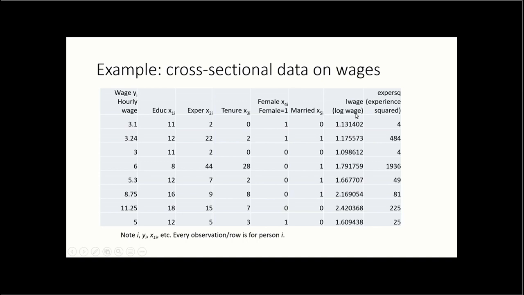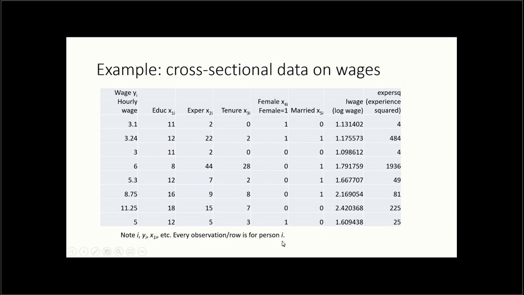We're taking the logarithm of wage. We will also talk about logs later on in the semester, or we can have a variable squared, such as experience squared. So we are basically taking this variable here, experience, and squaring it. We can use a variable that way in the model.